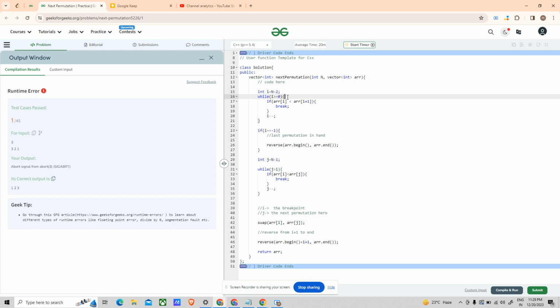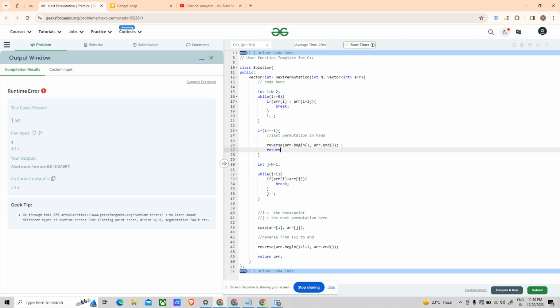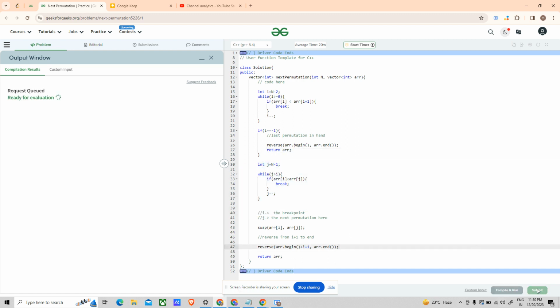It should not have given this error. Just a minute, let me check. i equals n minus 2, i plus 1. 321 is giving an error, right? Okay, okay, okay. I have to return it from here only, because for j it will not work, right? Sorry guys. Let's try and submit.